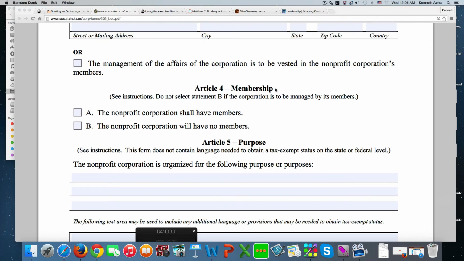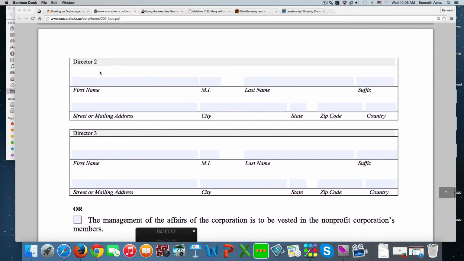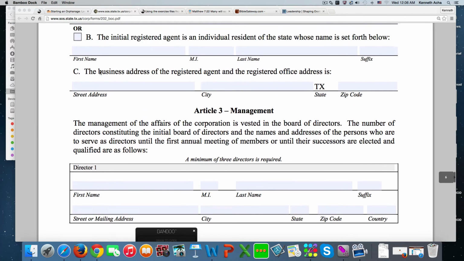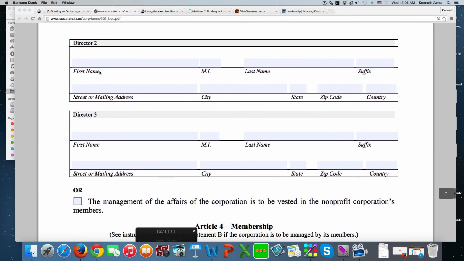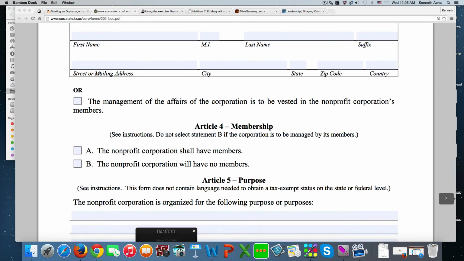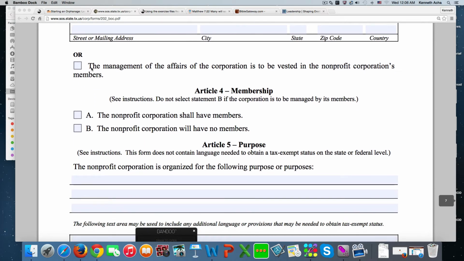Or the management of the affairs of the corporation is to be vested in the non-profit corporation's members. You don't check this one. Well, it depends. For most non-profits like Shaping Destiny, they don't have members. If you check members, you're going to have to do more. You would have to attach a document that explains a lot more about the rights and responsibilities of members.